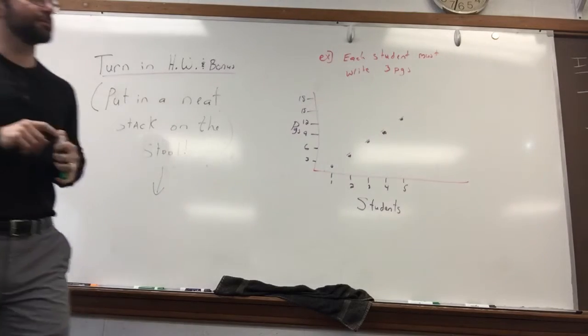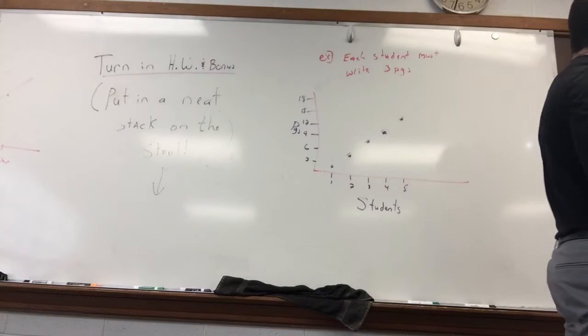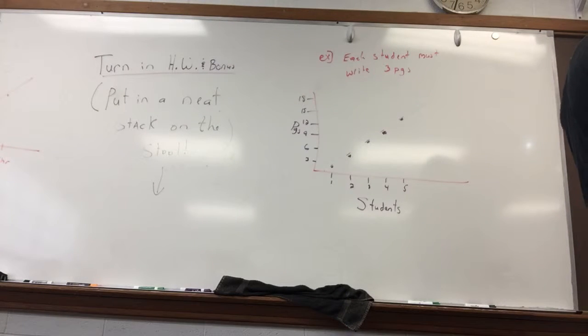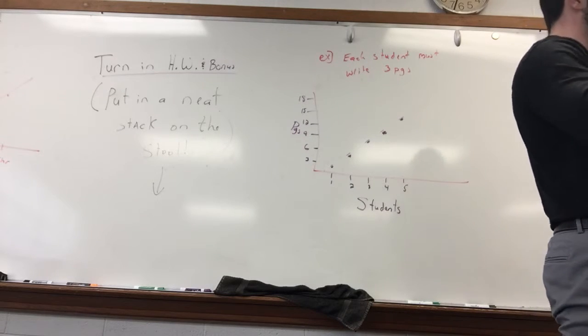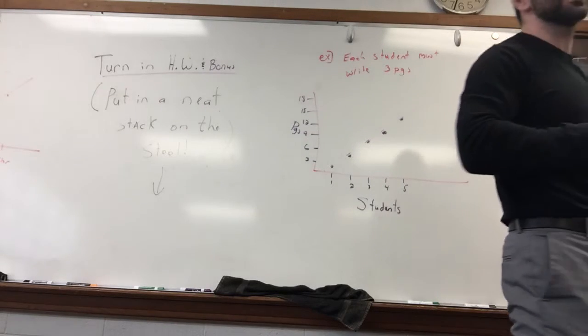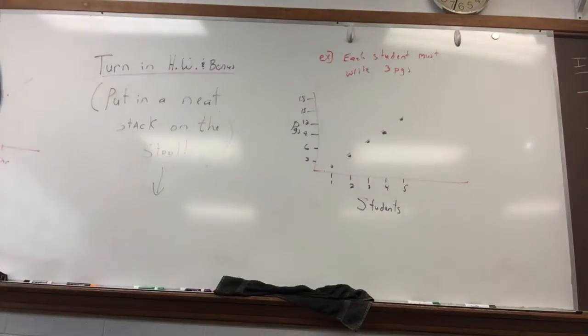So, wait. Let me read it. I'm going to give you a little bit more time to talk to your group if you need to. The function that assigns to each whole number the cost of buying that many cans of beans in a particular grocery store. So is it going to be discrete or non-discrete? Why?